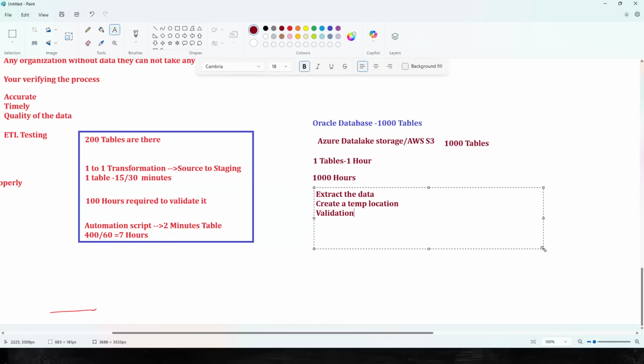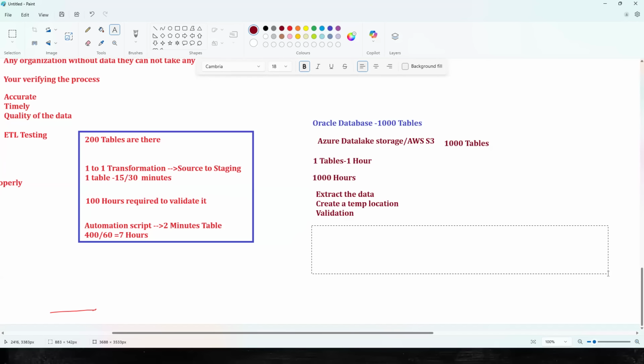Suppose I'm able to read both AWS S3 or Azure Data Lake Storage, as well as Oracle, in a single place and compare them. In a best case, I'll take 5 minutes for one table. In a worst case, I'm giving 5 minutes.